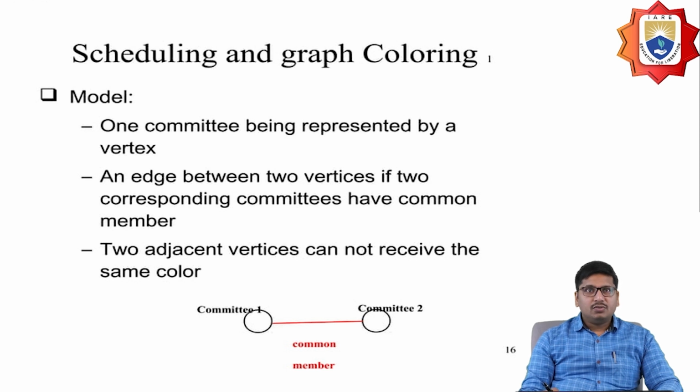Scheduling and graph coloring. The model is that one committee is represented by a vertex, and an edge between two vertices means the two corresponding committees have a common member, and two adjacent vertices cannot receive the same color.